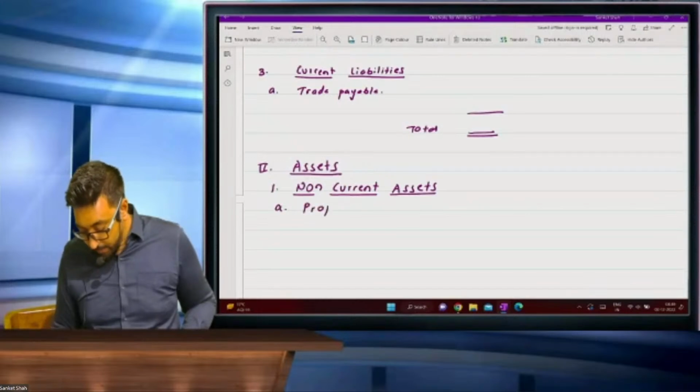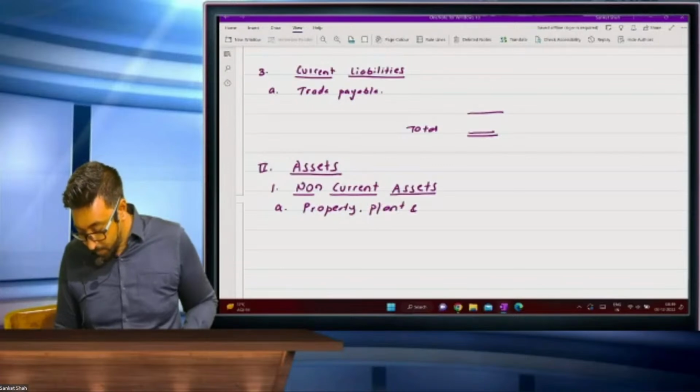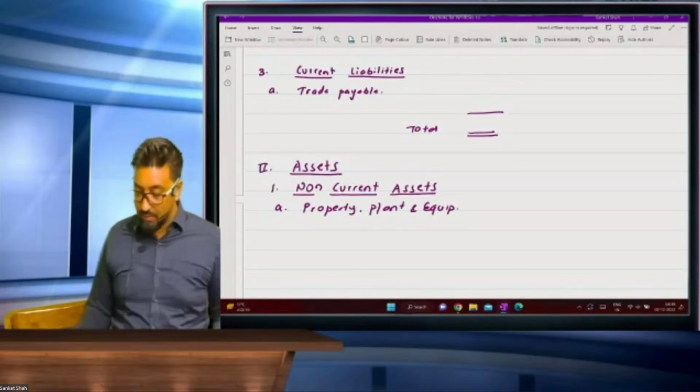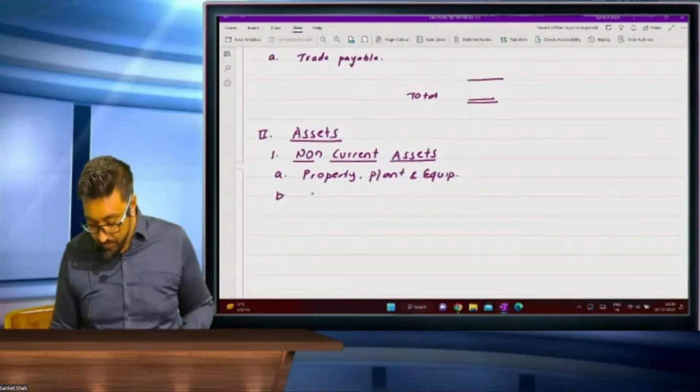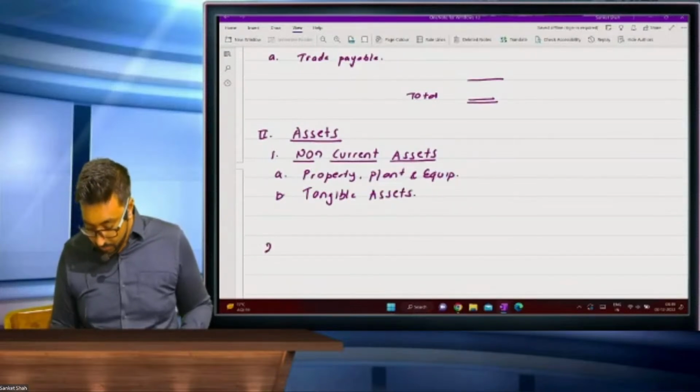A. Property, plant and equipment. B. Tangible assets. After one line, 2 current assets.